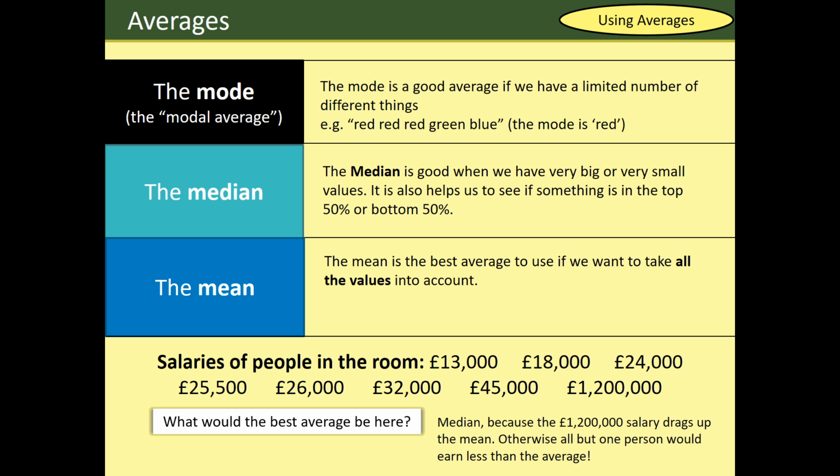So that 1.2 million drags up our value for the mean, and therefore it isn't that useful. The median is the best one to use here. And our median comes in at 25,750, halfway between 25,500 and 26,000. So that's where it's good to use different ones.